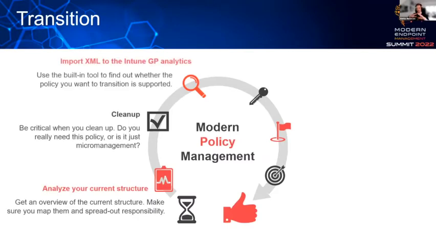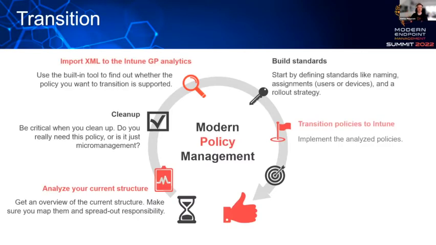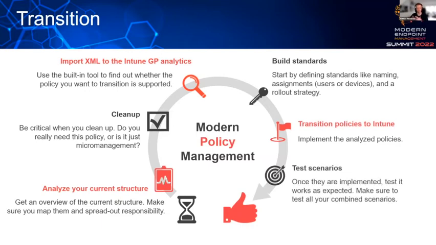So if we look at this transition now from your on-prem GPOs into the cloud, the first step you need to do is to analyze your current structure. You need to get overview of what you have currently. And then you need to spread out the responsibility.